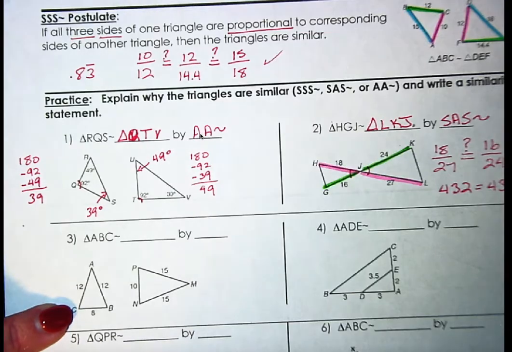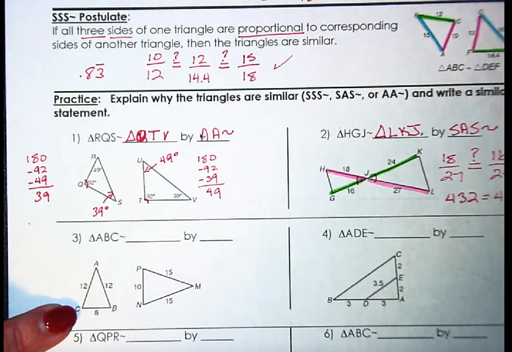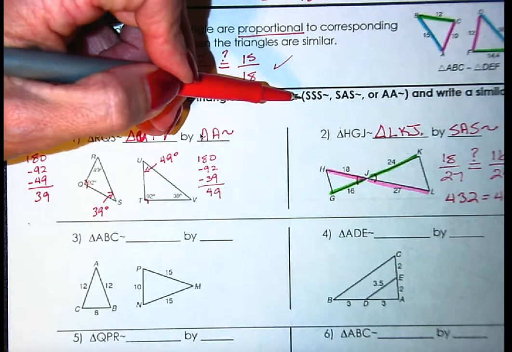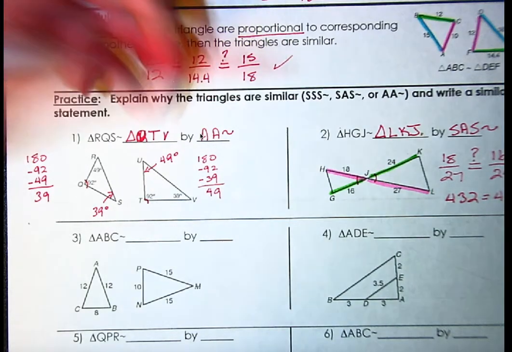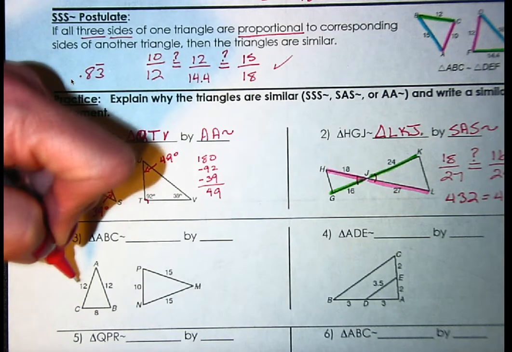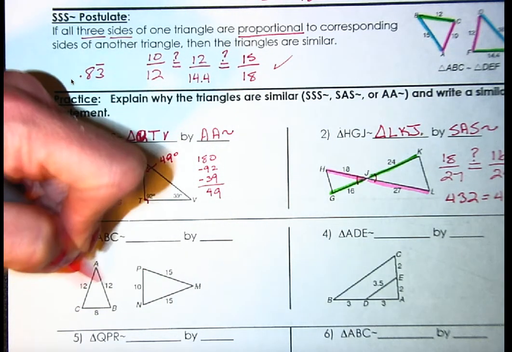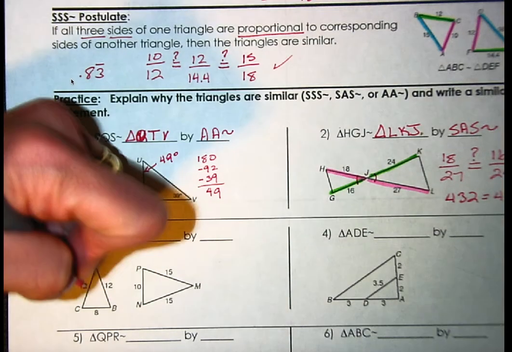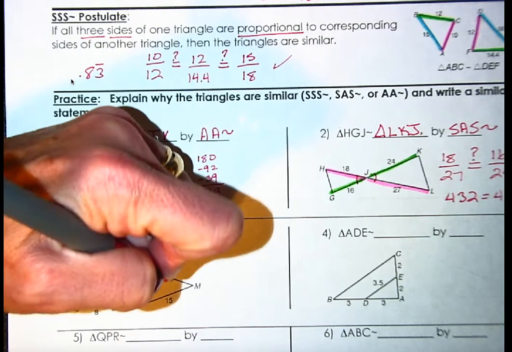Okay, so this one down here, we have three sides. So it gives me my side measurements for all three of them. So that tells me that I'm probably going to try to use this one right here. So I need to set up a proportion for all three of them. Well, these are isosceles triangles because they have two congruent sides, right?